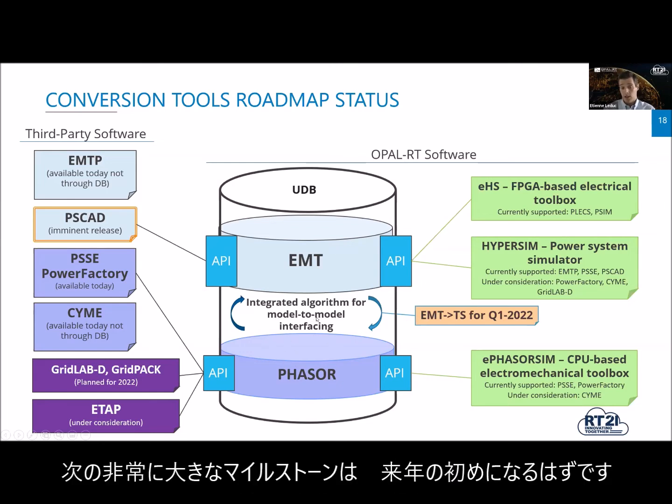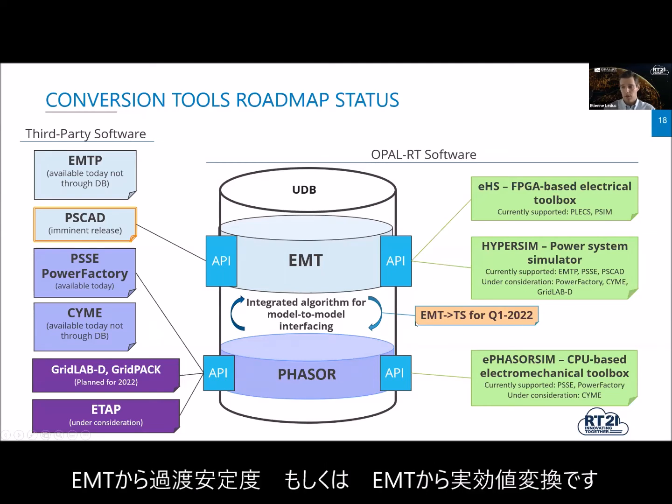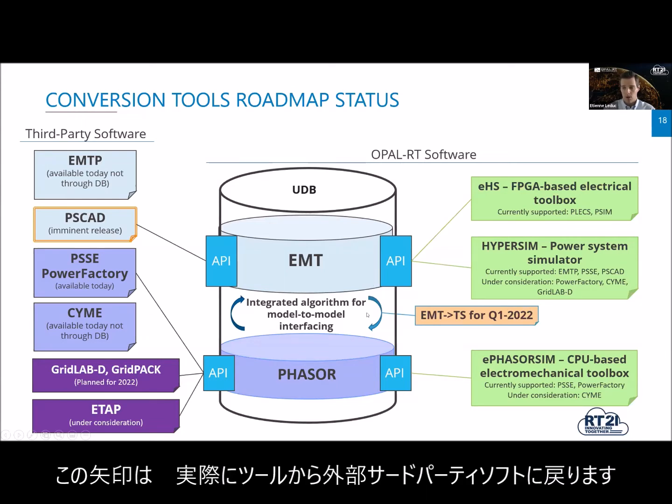And actually, the next very large milestone that we will have should be early next year. That will be our EMT to transient stability, or EMT to RMS conversion. So this arrow here will actually allow going back from our tools to external third-party software.